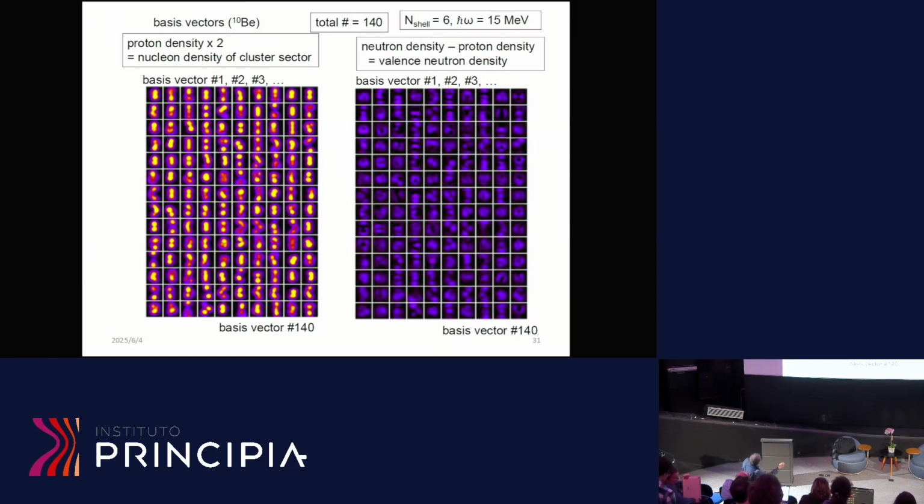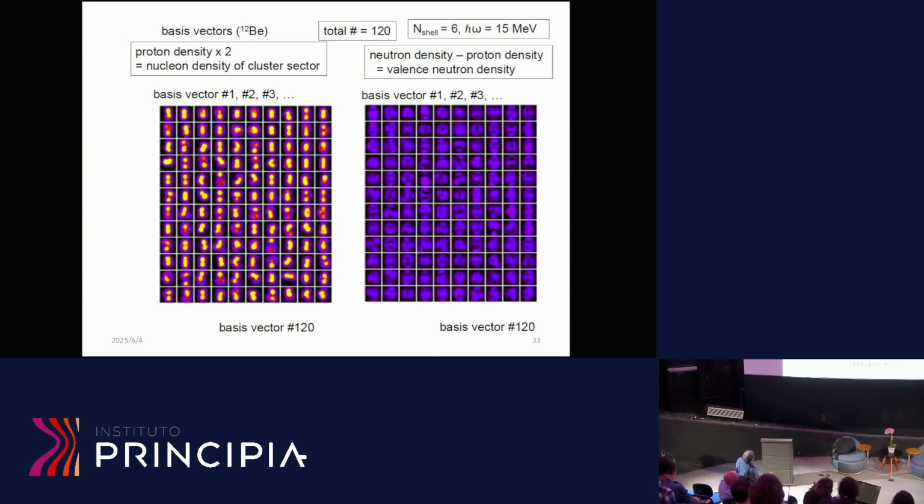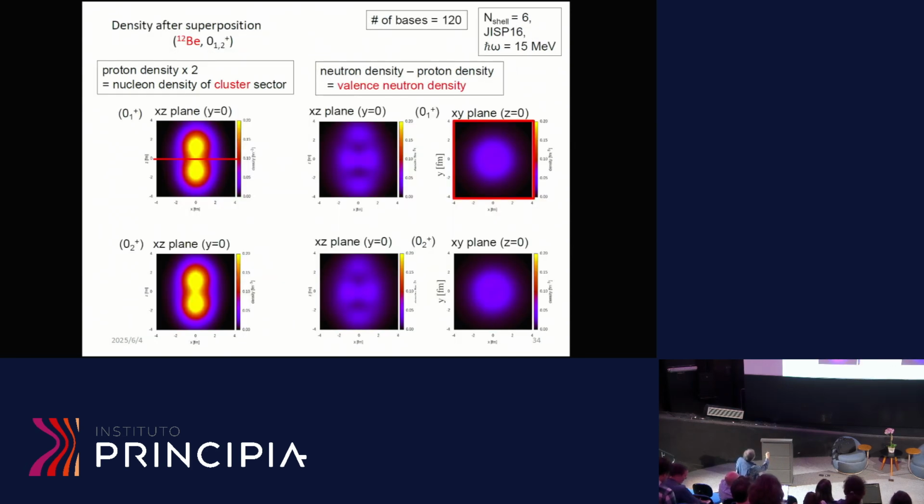That we define as the balanced neutron density. And we obtain this, but I have shown this already. And this is the second Laplace state, so it's apparently different from this distribution. Yeah. And this is about beryllium 12, the same thing. And we also have those density profiles like this.